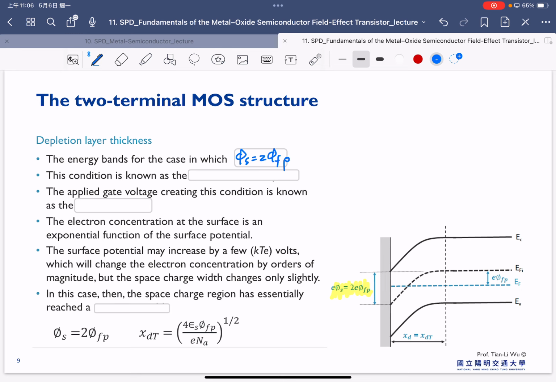So this condition is known as the threshold inversion point. And the applied voltage to create this condition is known as the threshold voltage.